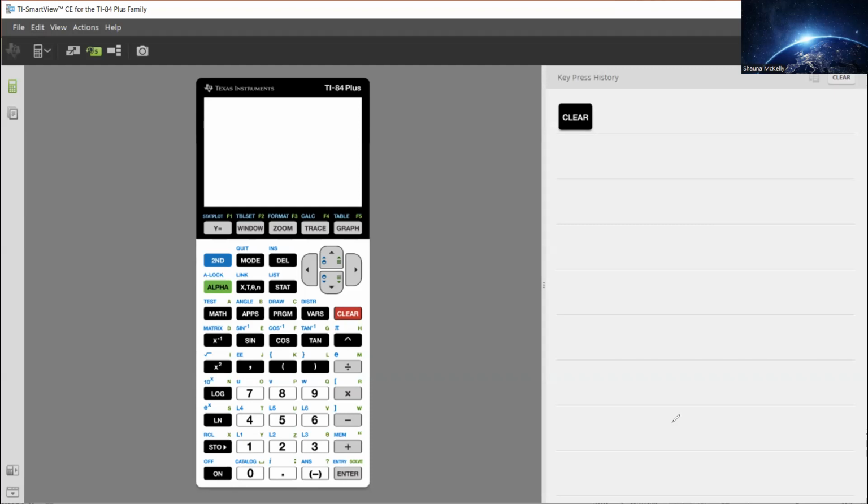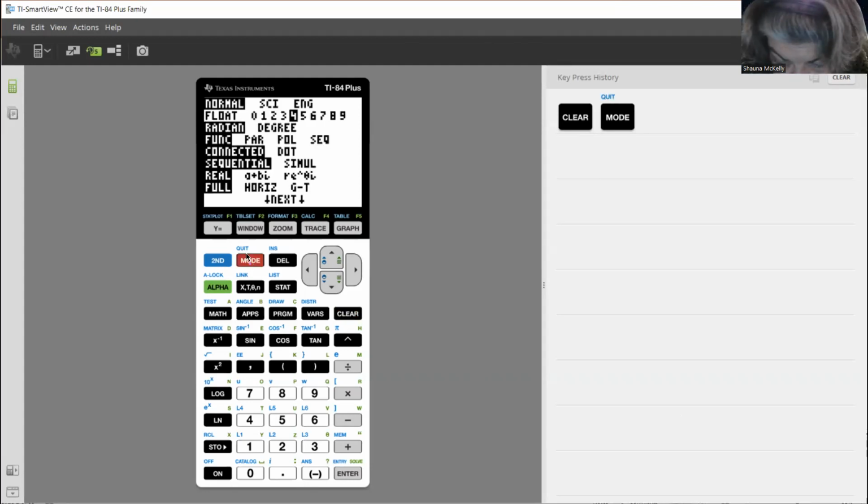So I have 8,073,000. I'm going to make sure also that my mode, just for the sake of ease of clarity, is on float so that I don't see decimal places. I'm going to put my mode on float here.